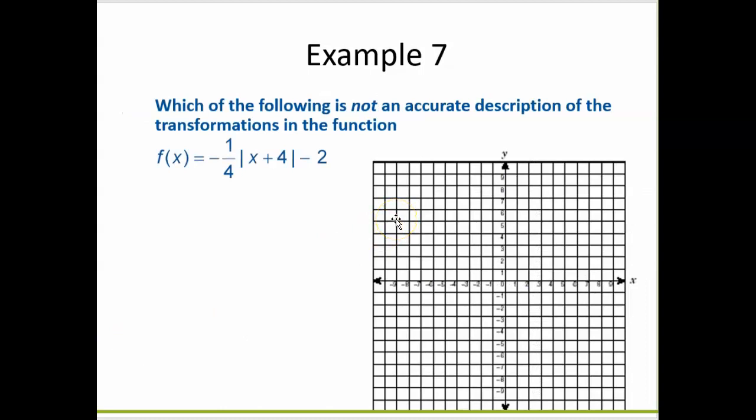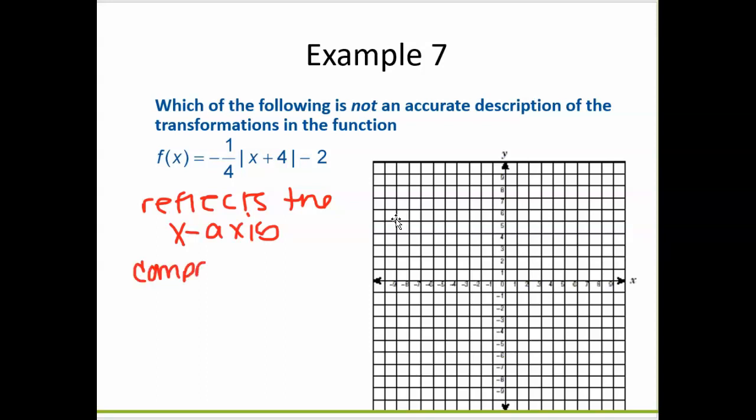Okay, and then in that last one, the negative will reflect you across the x. The 1/4 will compress. That's also your slope. +4 will shift you left 4.